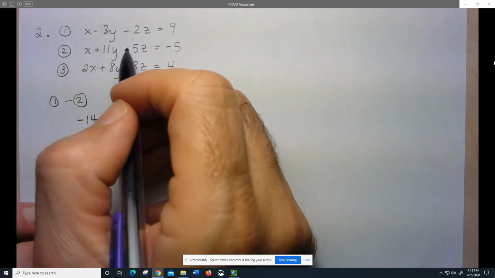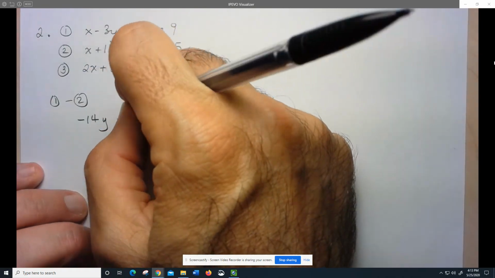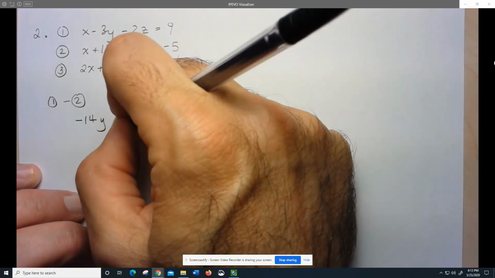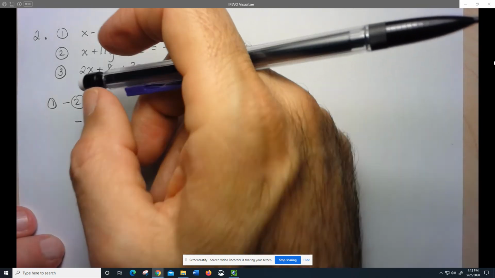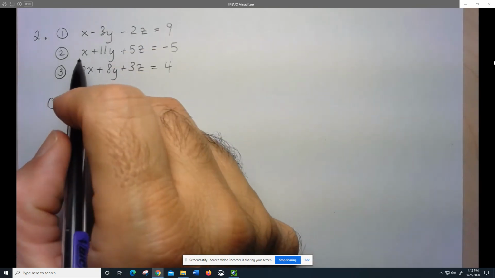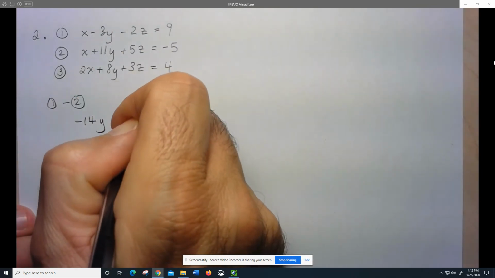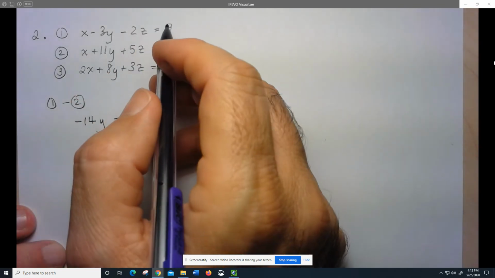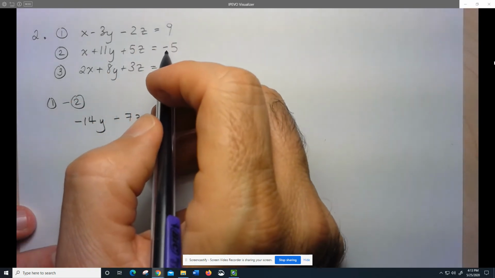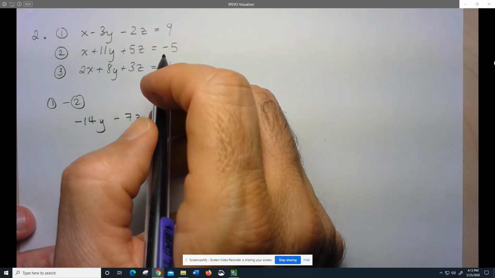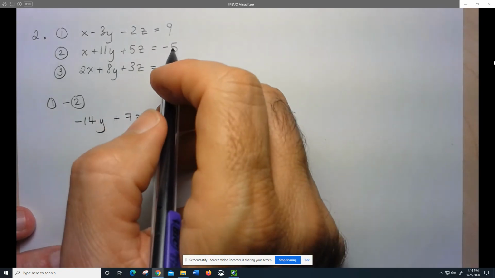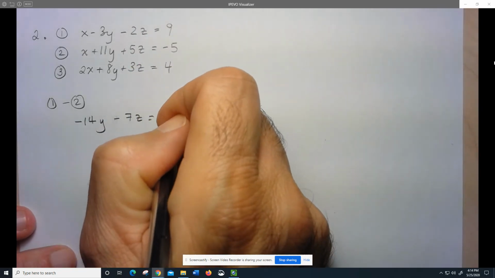So negative 2 minus 5. Sorry about that. I'm glad I caught that early. Otherwise, that would have made a big mess. Negative 2 minus 5 is negative 7z. And then here we have 7 minus negative 5. So, 9 minus negative 5. So 9 plus 5 is 14.